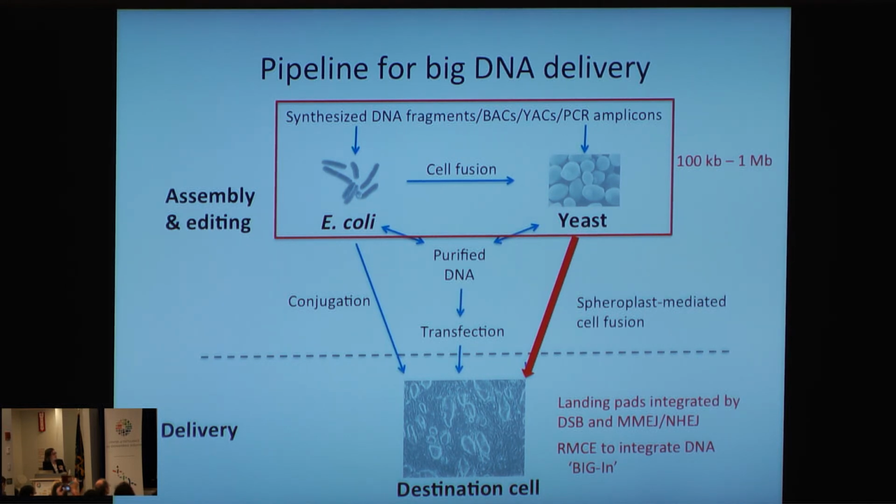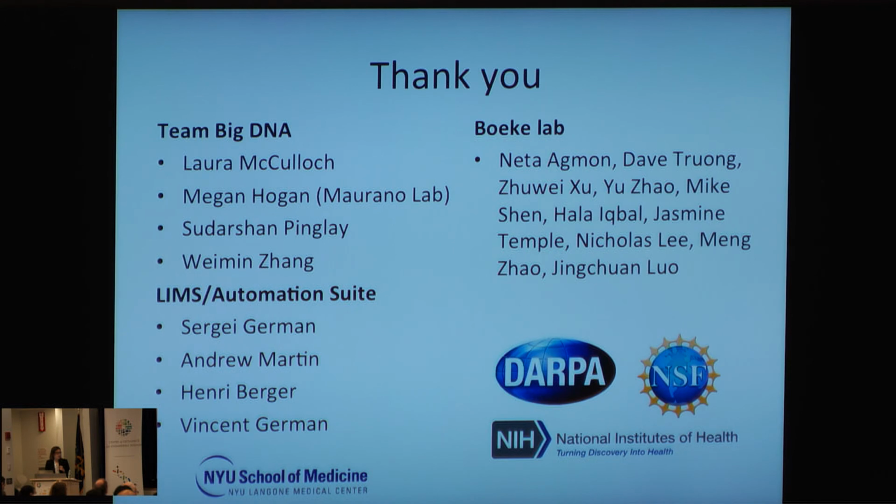So this allows for editing and engineering of the specific DNA sequence in this assembly and editing platform, and then the seamless delivery, without having to go in vitro, of big DNA into the mammalian systems. And so with that, I'll wrap up.